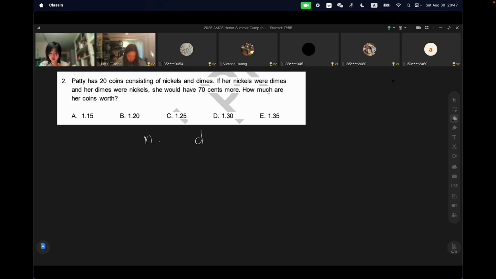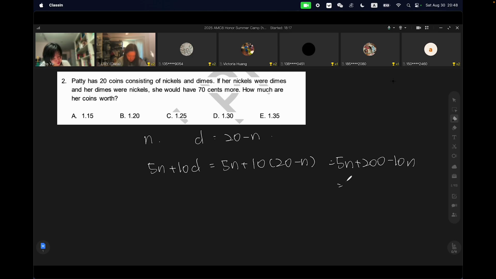There are 20 coins in total, which means that d would just be 20 minus n. So she has 5n plus 10d in total, and if we plug 20 minus n in, then we have 5n plus 10 times 20 minus n, which is 5n plus 200 minus 10n, which is 200 minus 15n.